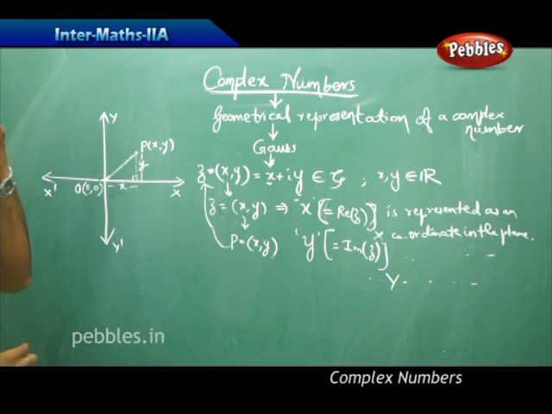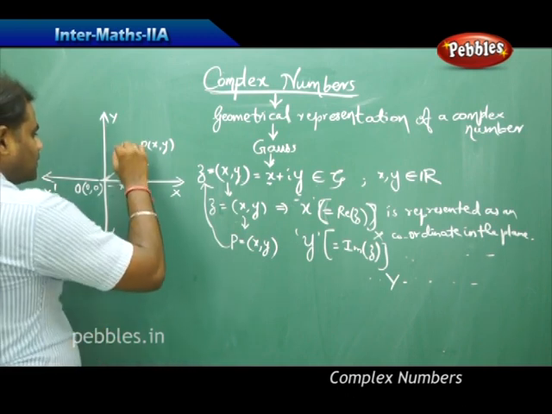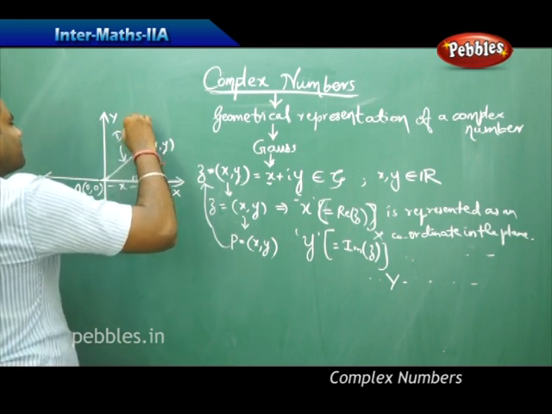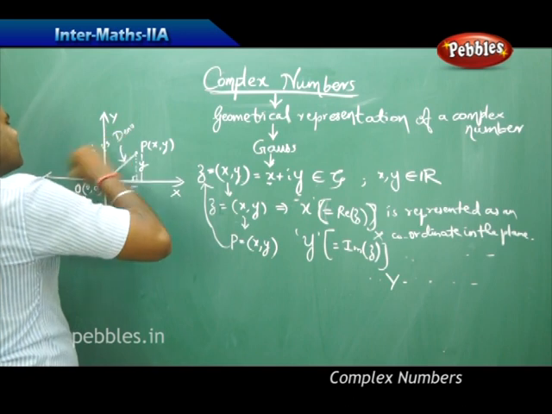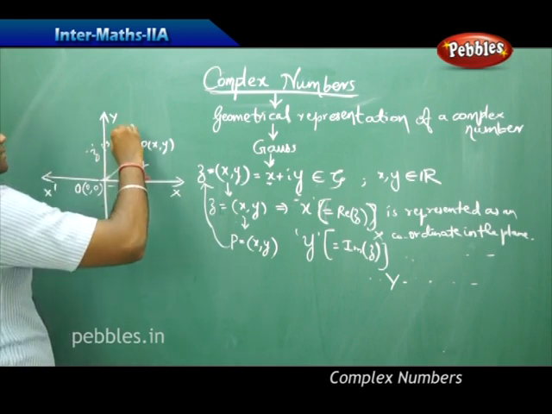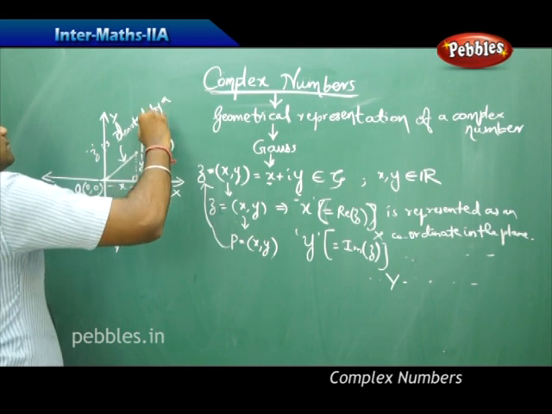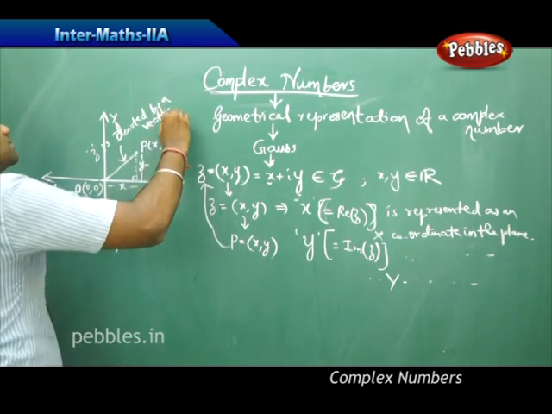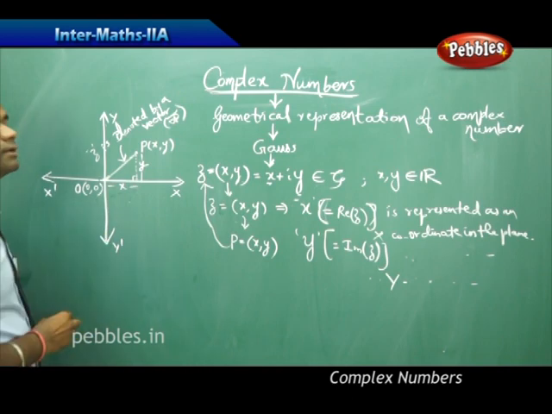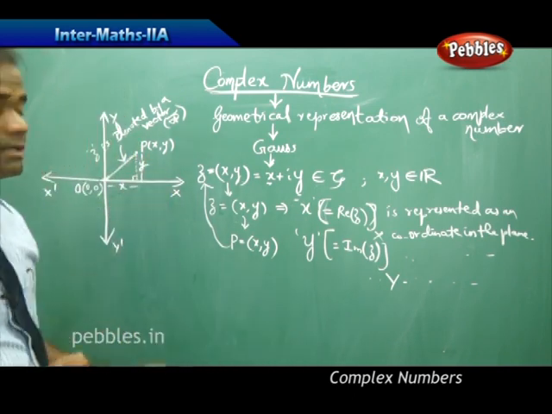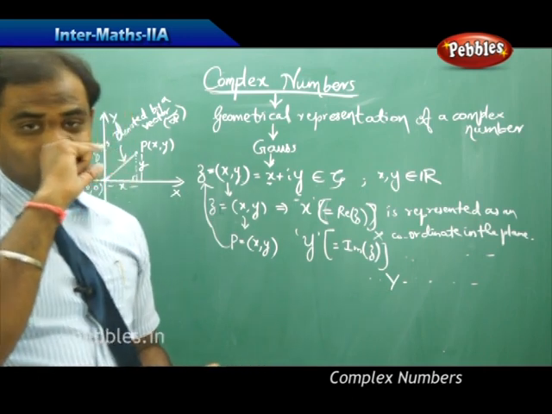So remember, the complex numbers are generally denoted by a vector form. The complex number Z is denoted by a vector. In this case, the vector is OP. So we always try to represent the complex numbers in the vector form or OP form.